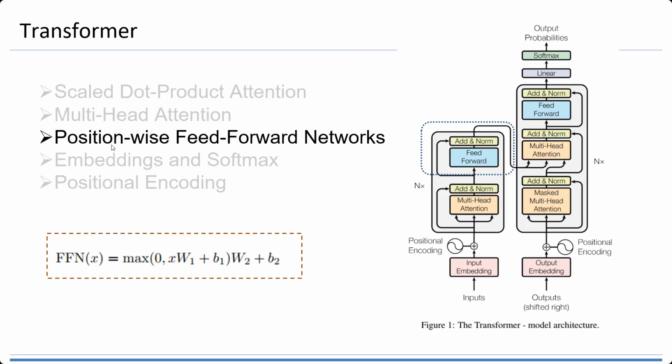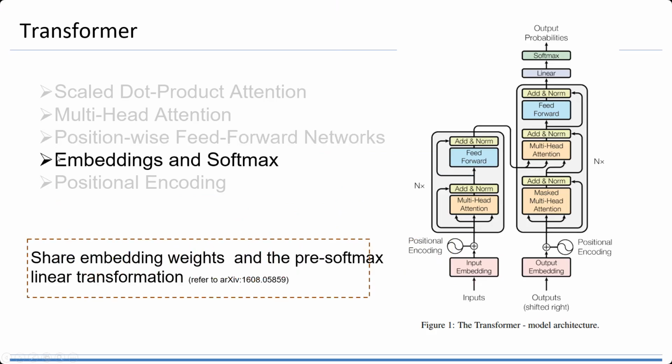So we can look into the other parts of the transformer. We call it embedding and softmax. In the embedding and softmax, for every embedding, we will have another embedding weight. And then, before the linear transformation, we will do the pre-softmax linear transformation.